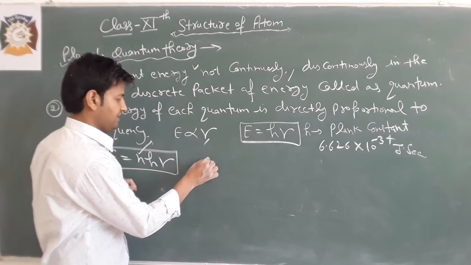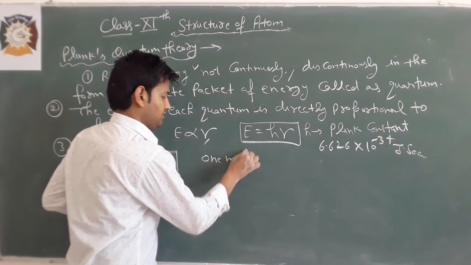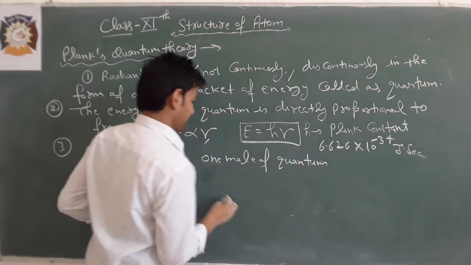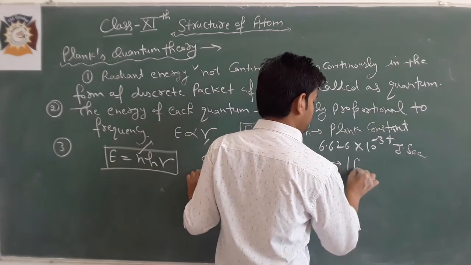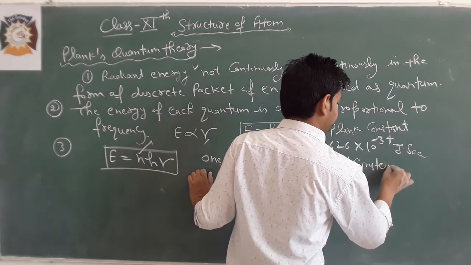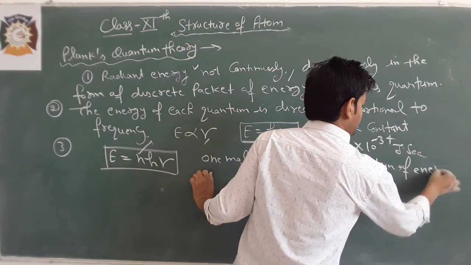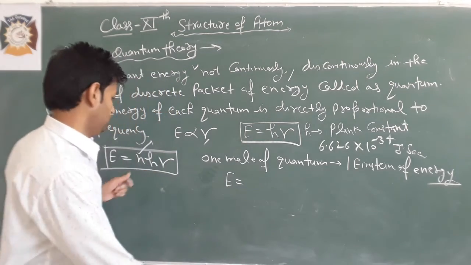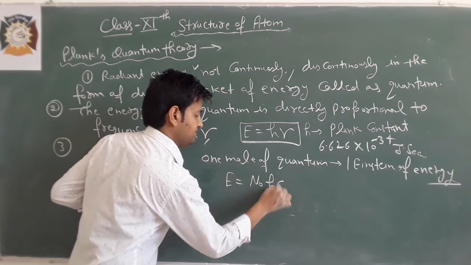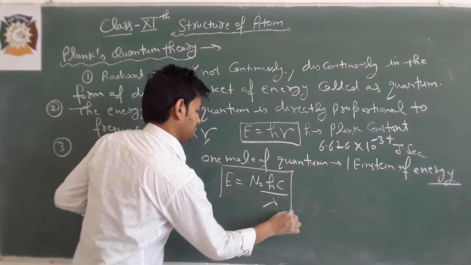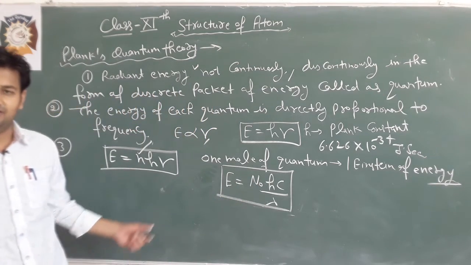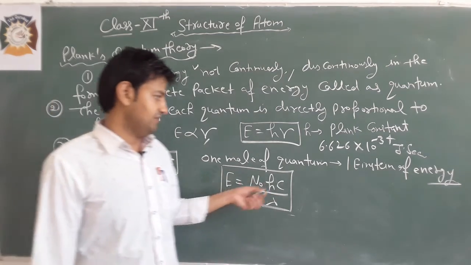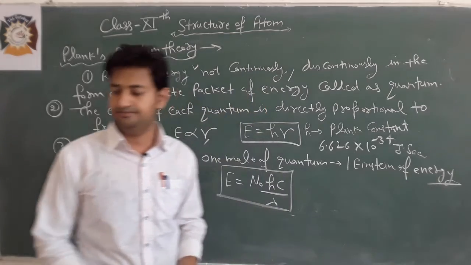For 1 mole of quanta, the energy is called 1 Einstein of energy, and this energy is equal to N naught h c by lambda.